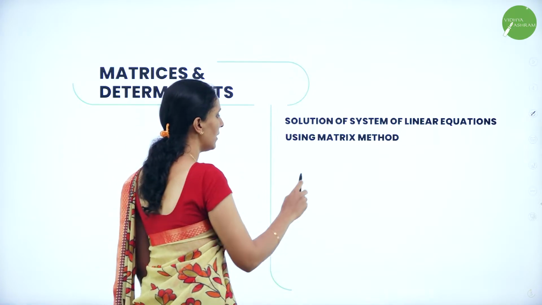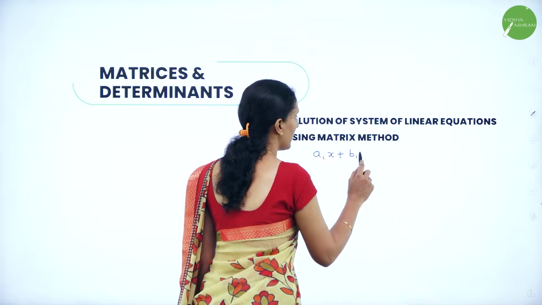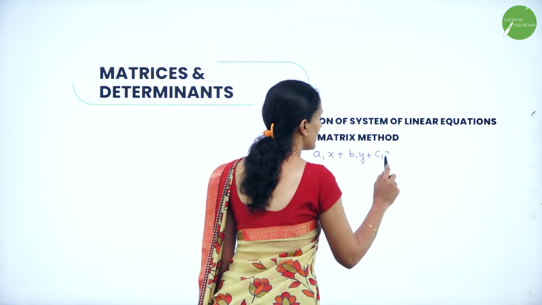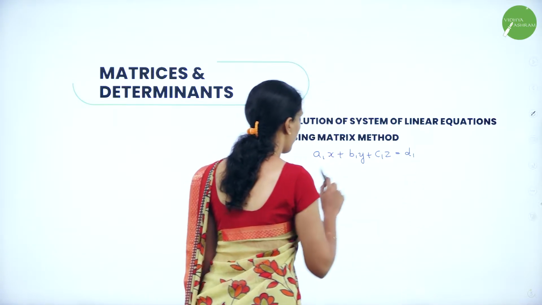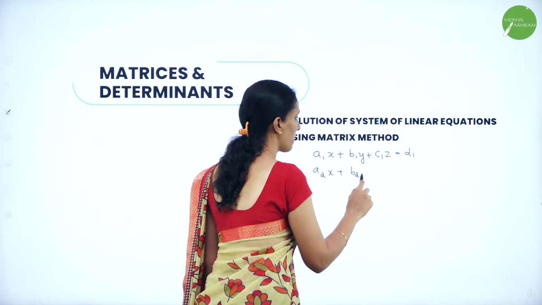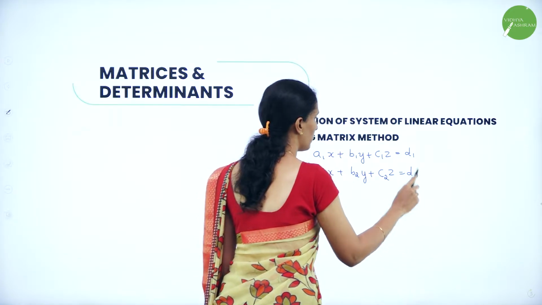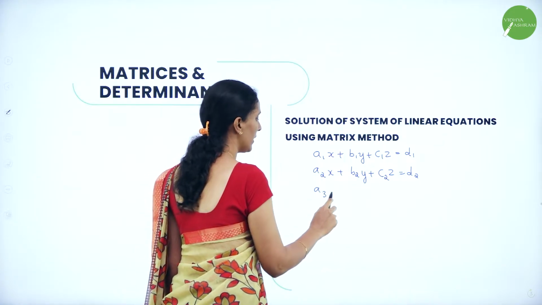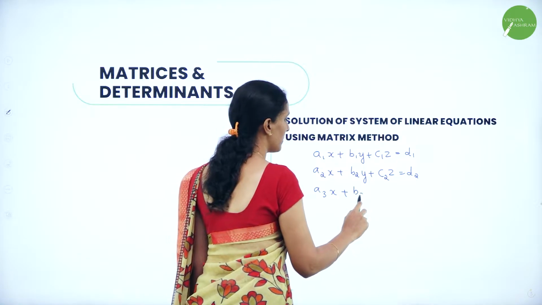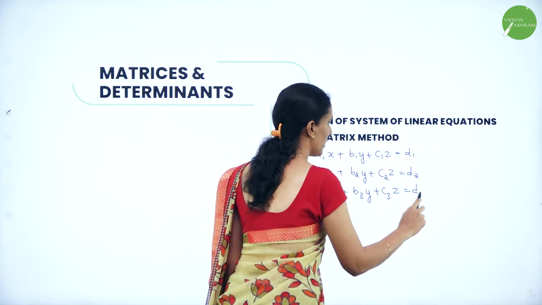So let me consider linear equations in the form a1x plus b1y plus c1z is equal to d1. Similarly, a2x plus b2y plus c2z is equal to d2. And a3x plus b3y plus c3z is equal to d3.